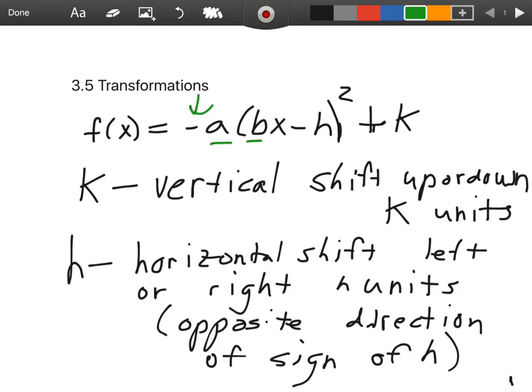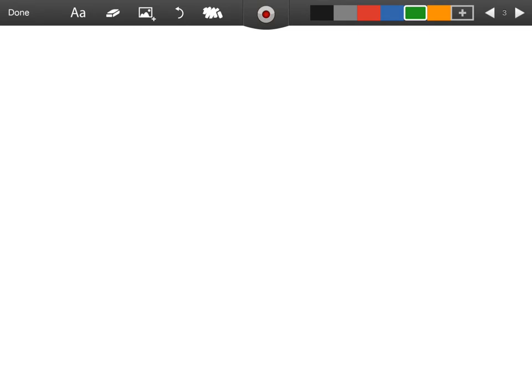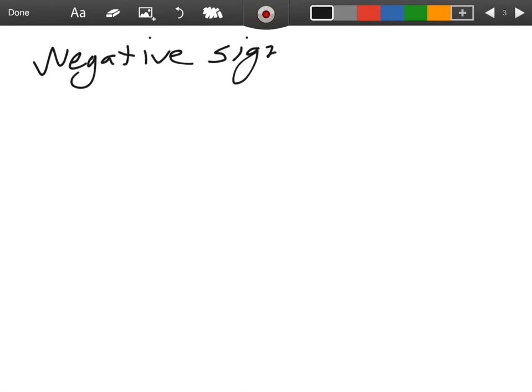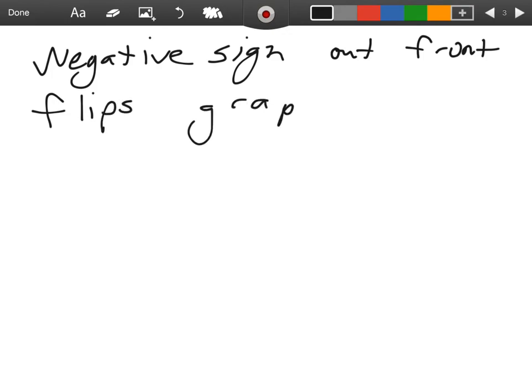Let's talk about this negative sign. What's that going to do? Okay, a negative sign out front flips the graph. There's two ways of thinking about that.